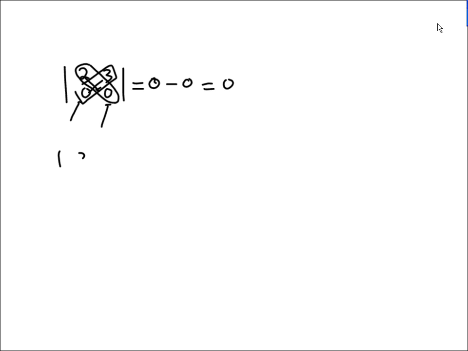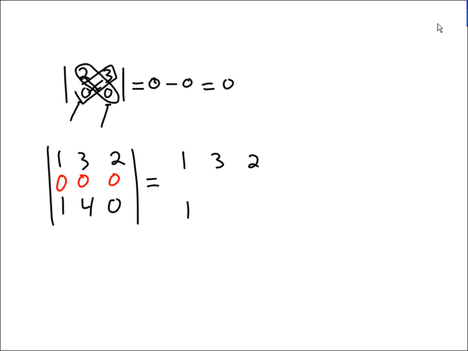You have 1, 3, 2, 1, 4, 5. So I want to write the zeros in a different color. The zeros of that row. And we can even have another 0, but since it's not in the row that has all zeros, I'll keep it that color. To write this down, you write down the first row, the third row, and then the second row.